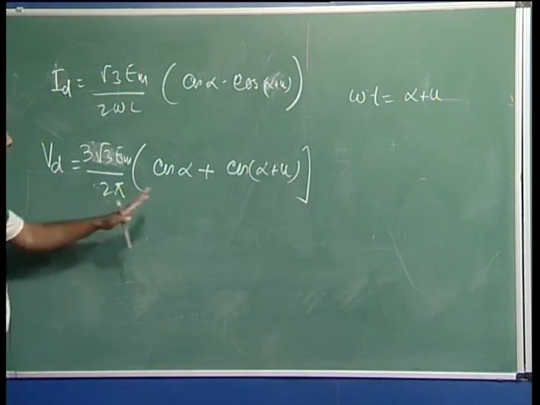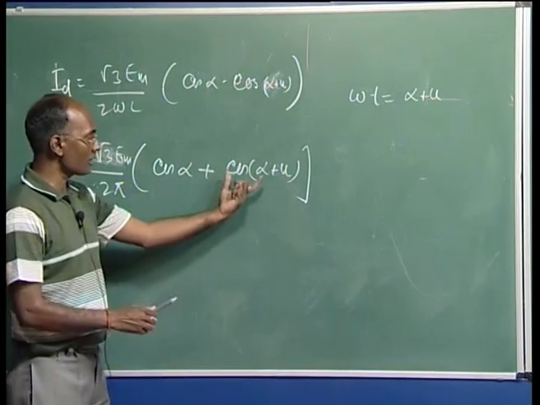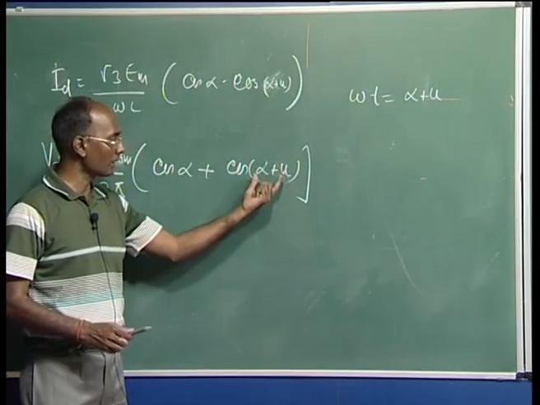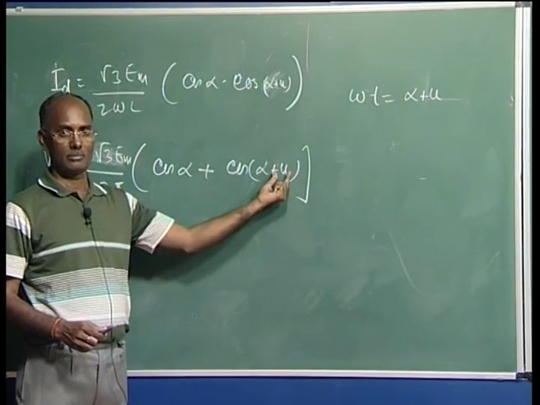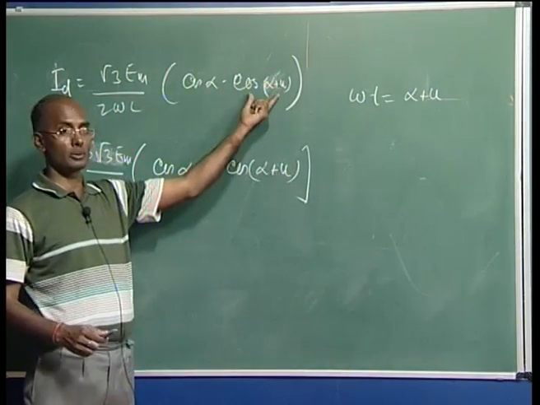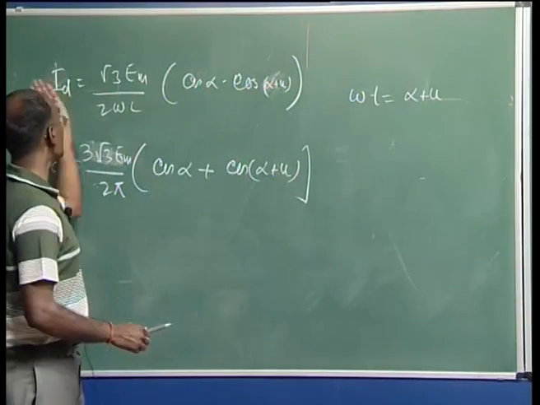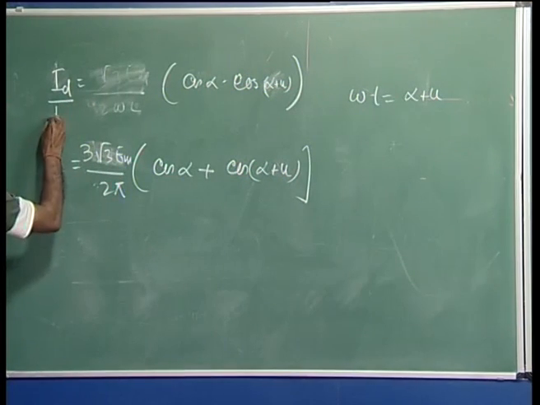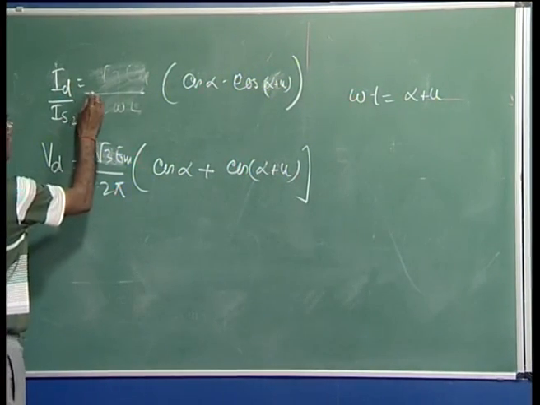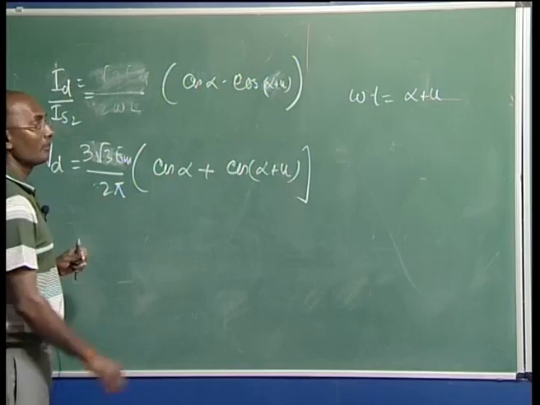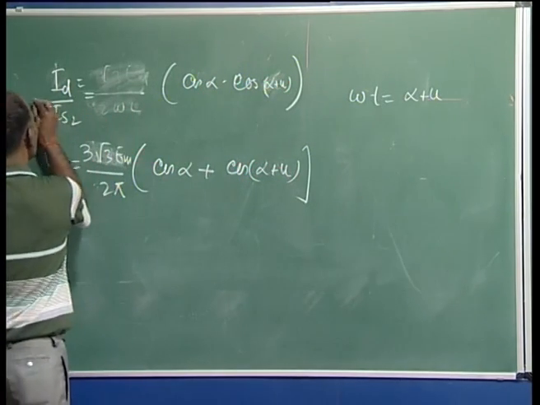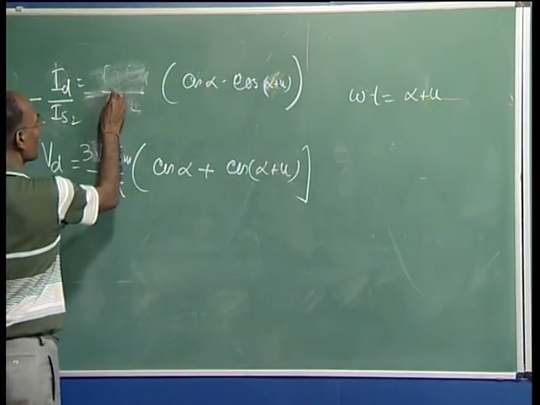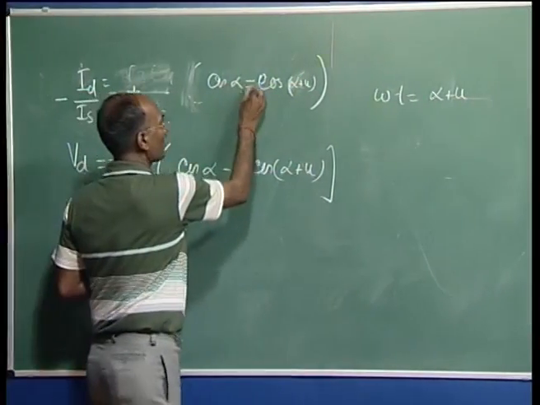Now, our intention is to eliminate u, means we can directly eliminate alpha plus u. Here we have the alpha plus u directly. So, I can write this value as equal to IS2, this is a minus, this is a plus, this will be equal.